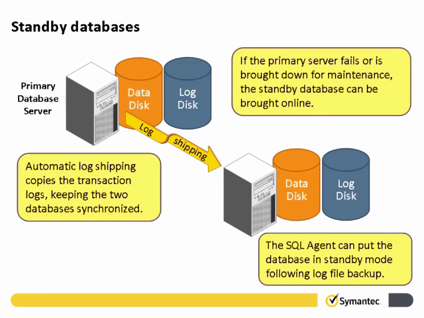And if the primary SQL server were to fail or be brought down for maintenance, you could bring up the secondary copy of it so that your users would be accessing the database through the secondary copy instead of the primary. So automatic log shipping copies transaction logs to keep two different databases synchronized.